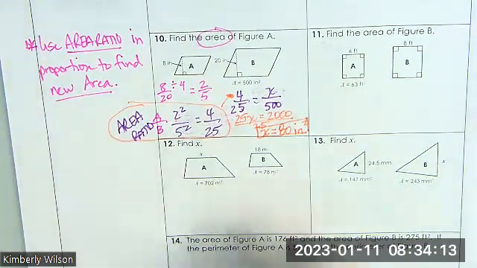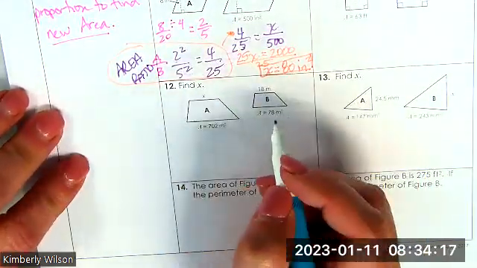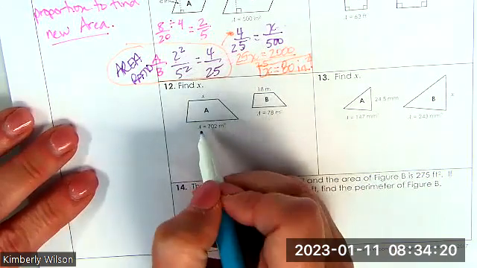Number 12. Here we're just finding the dimension. So we've got to do a little bit different because it's giving the area.